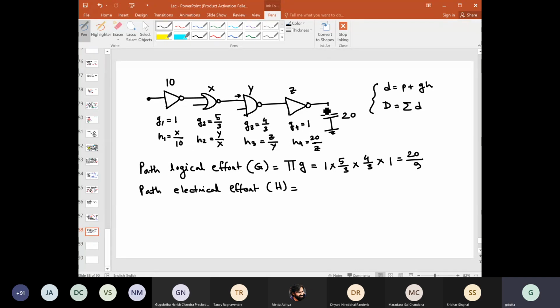So when you are considering the path electrical effort, we know the final capacitance we have to drive is the 20 unit capacitance, and the input capacitance is 10. So it will be C out, the output capacitance of this total path, divided by C in, the input capacitance of this path. So it will be 20 by 10, which is basically 2, right?